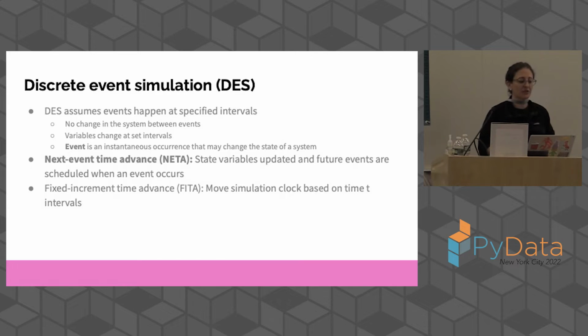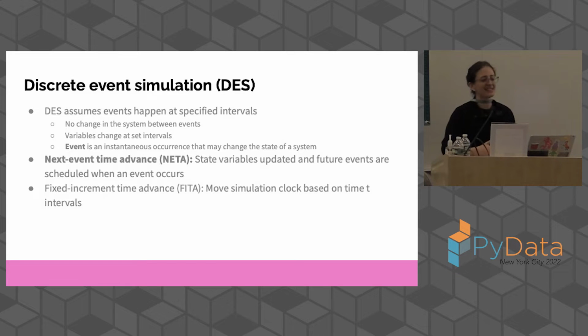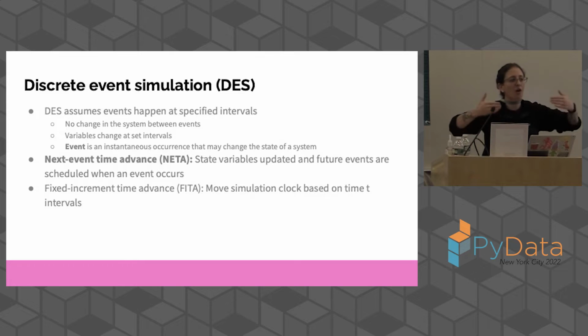And generally with a discrete event simulation, we use what's called a next event time advance. There's a lot of jargon here, so if you don't remember it all in the beginning, you can always refer back to it. Next event time advance means that our state variables, again, those are the variables that explain what is happening in our system, are going to be updated at discrete points in time, and the clock is always moving one by one by one.